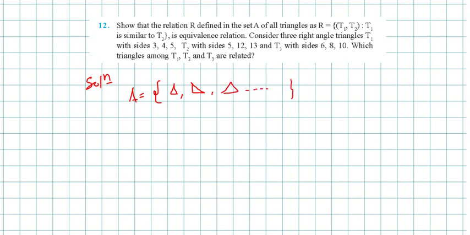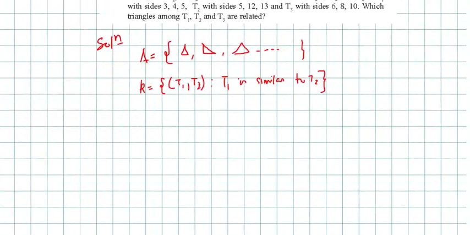Now, R is a relation in which T1 comma T2 are such that T1 is similar to T2. Now, what does this mean? Is this an equivalence relation or not?